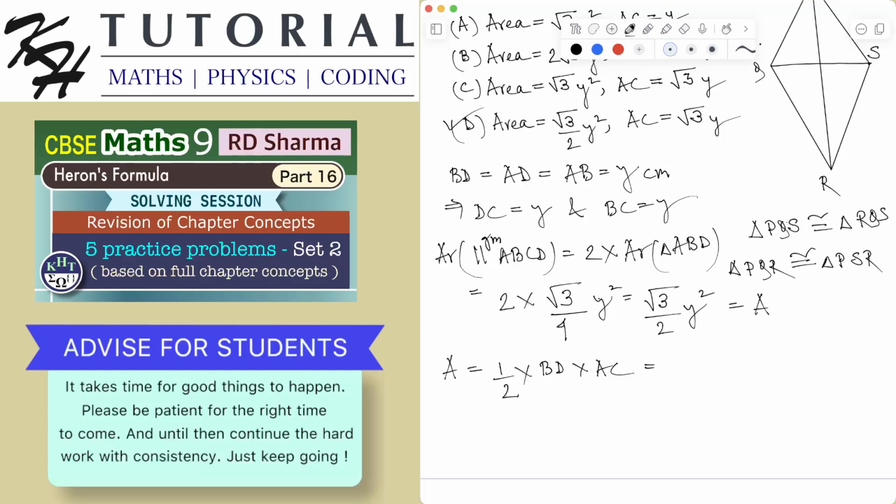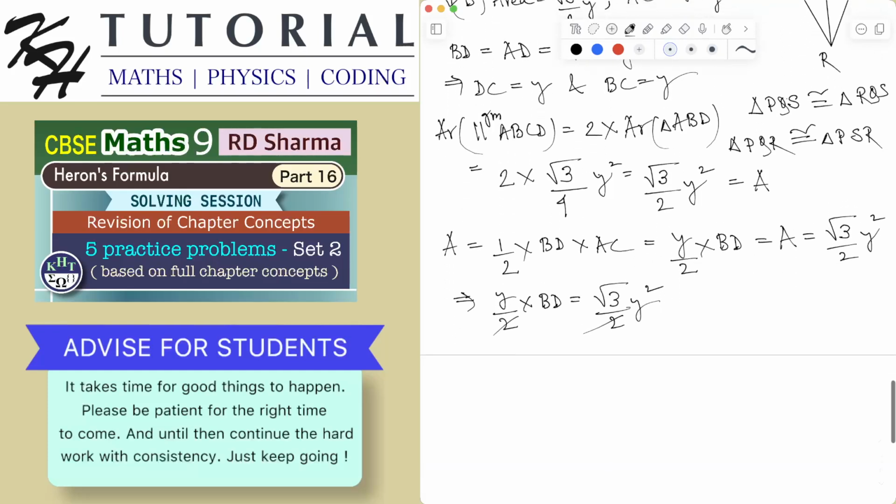BD is given to be y, so this is y by 2 multiplied by AC, and this is equal to A, which we know is square root of 3 by 2 y square. So we get the equation y by 2 into AC is equal to square root of 3 by 2 y square. 2 cancels out from both sides.